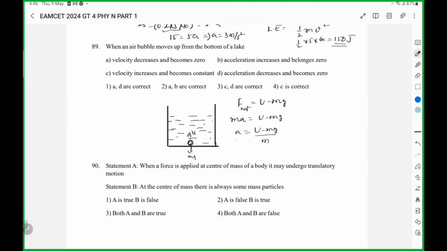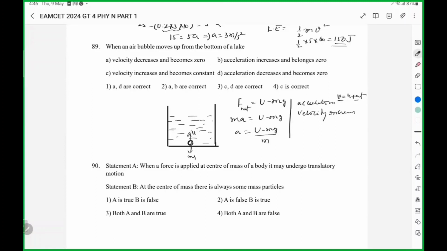Since it has an acceleration, initially it accelerates, so velocity increases.